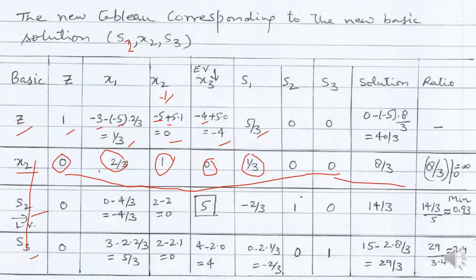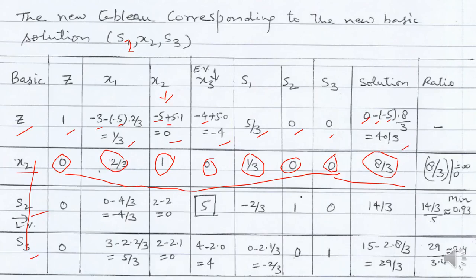And in the S2 and S3 coefficients, 0 minus -5 into 0 gives us 0. Then 0 minus -5 into 0 gives us 0, and the solution was 0 in the previous table. -5 into 8 upon 3 gives us 40 by 3.